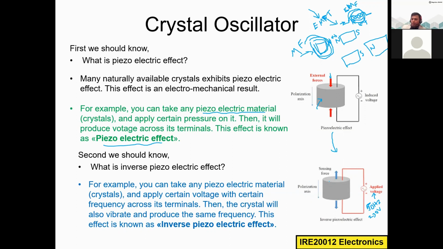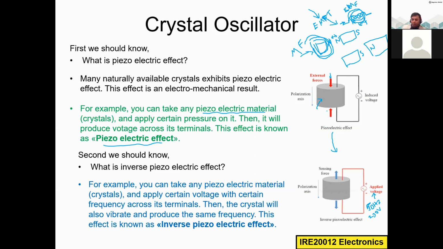If you measure the frequency of the oscillations in this material, it will be the same as the applied voltage frequency. So if I apply 50 hertz, this will also produce 50 hertz oscillation. It means it will vibrate 50 times, very, very fast within a second. So this is called the inverse piezoelectric effect.